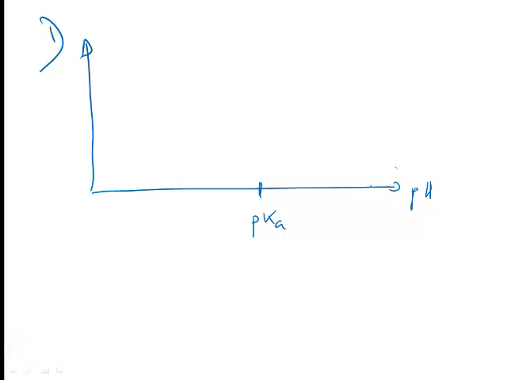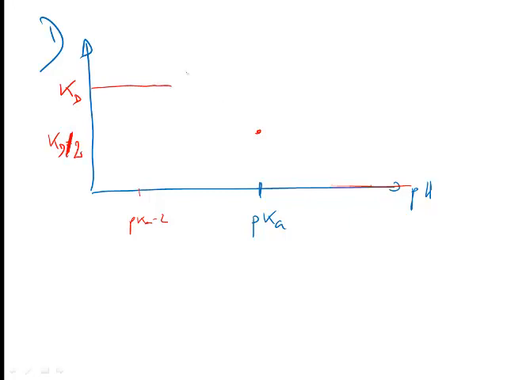So you're going to have something that's going to be quite low here, near 0. And at very low pH, pKa minus 2, D is equal to Kd. And in the middle, at pH is equal to pKa, D is equal to Kd divided by 2.